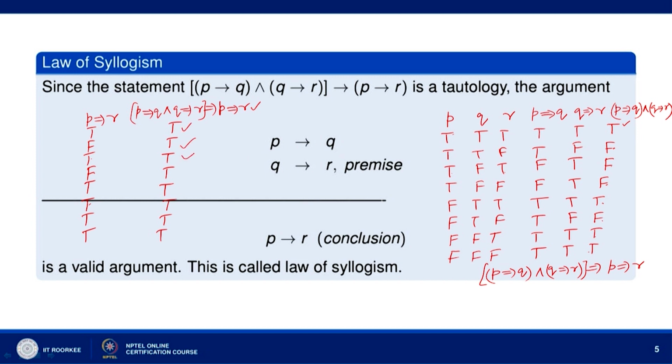You can see it is a tautology, and therefore, it is a valid argument. So, P implies Q is a premise, Q implies R is a premise, and the conclusion is P implies R. This is known as law of syllogism.